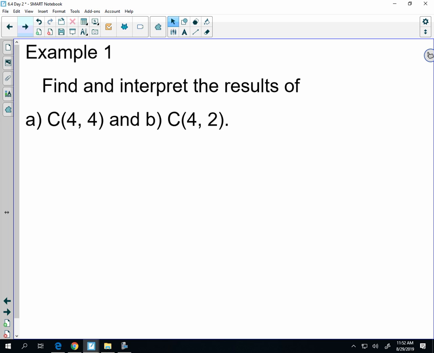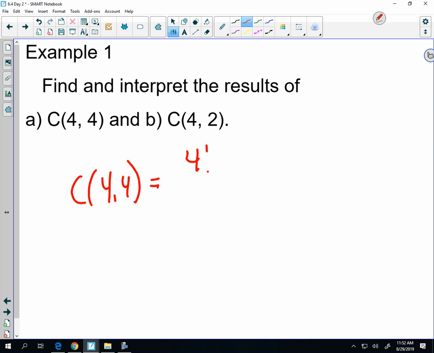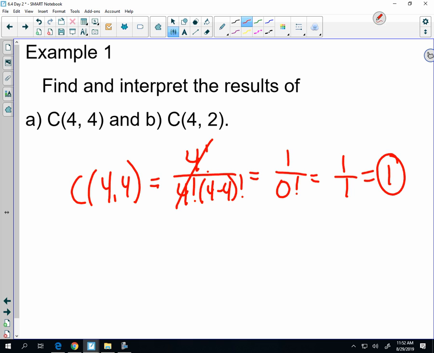So it says find and interpret the results of combination 4 choose 4 and combination 4 choose 2. If we do 4 choose 4, you would get 4 factorial over 4 factorial times (4 minus 4) factorial. These cancel out, and you get 1 over 0 factorial, which you can do on your calculator, but it's really just 1.